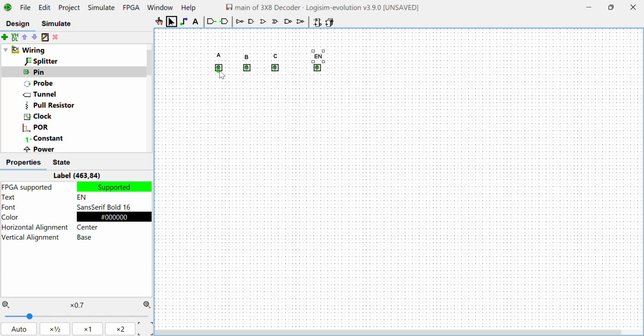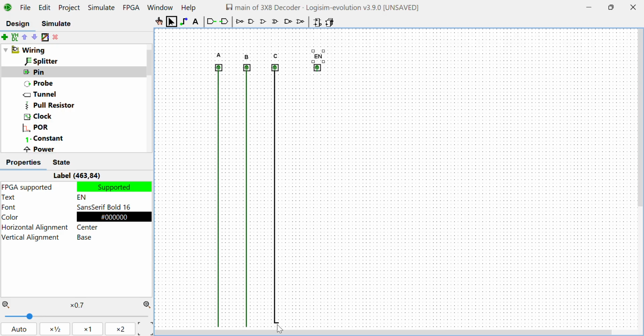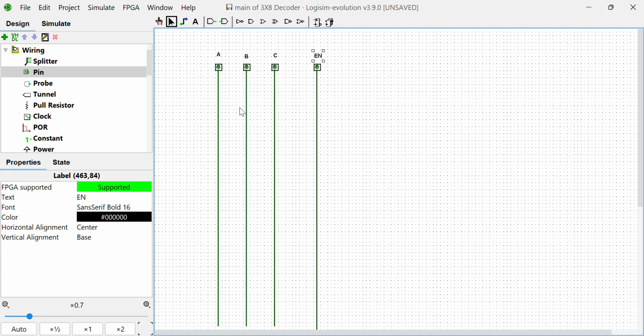So now we are drawing our input lines. And we need to have our NOT gate. So this is the enabling line.